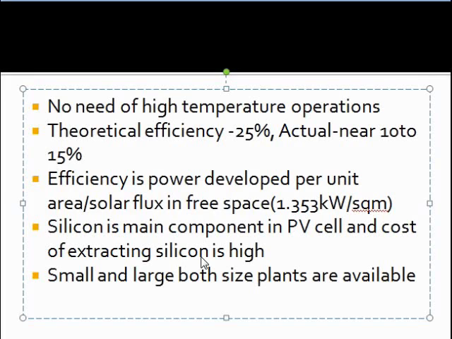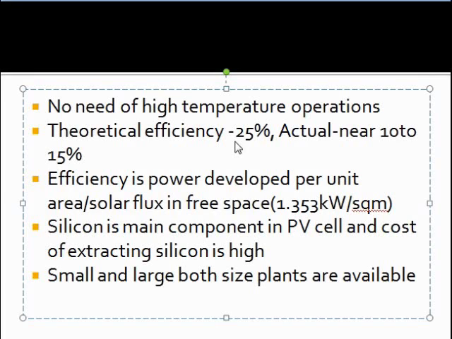So this is a very major drawback of the solar panel. But okay, even if you improve that maximum, what we can reach is the theoretical efficiency, hardly 25%. So it means the remaining 75% is not at all possible to extract from the energy that reaches the earth from the sun.